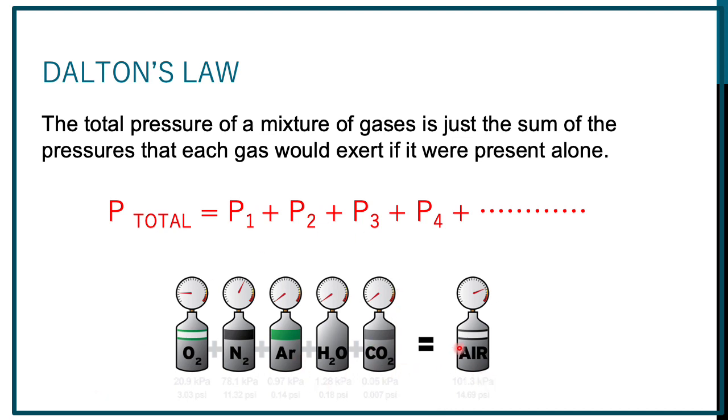So according to Dalton's law, this pressure of gases is a pressure of the oxygen plus pressure of the nitrogen gas, argon, H2O, and CO2. Just all the summation of the types of pressure inside the air. Okay, so P total equal to P1 plus P2 plus P3 plus P4 and etc.